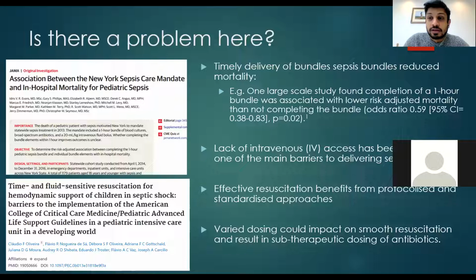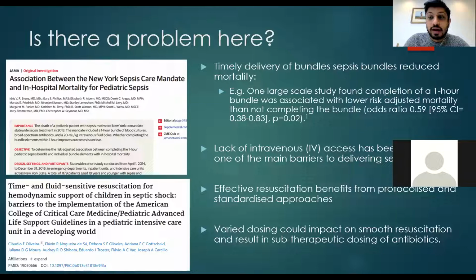There have been other studies which show that a lack of IV access in these sorts of scenarios is common in real life, and is probably the biggest barrier to delivery of bundles of care. This example is a study at a big tertiary center, with about 80 to 100 cases of sepsis or septic shock over the course of a couple of years.